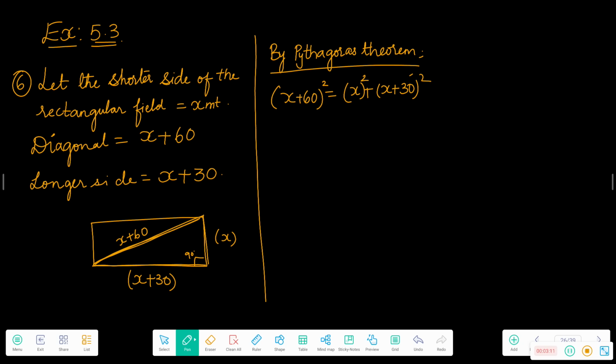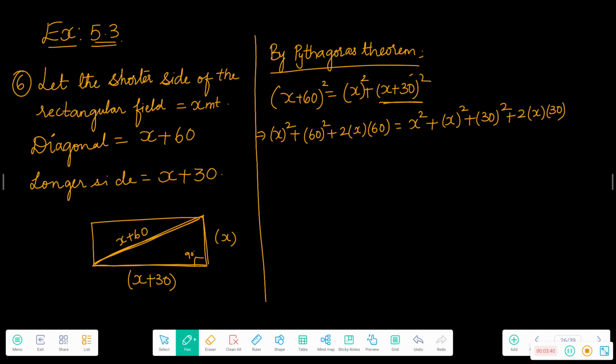So expanding this, it is in the form of a plus b whole square, which is equal to a square plus 2ab plus b square. So this is equal to x square plus, again we will expand x plus 30 whole square as a square plus b square plus 2ab, 2 times x times 30.